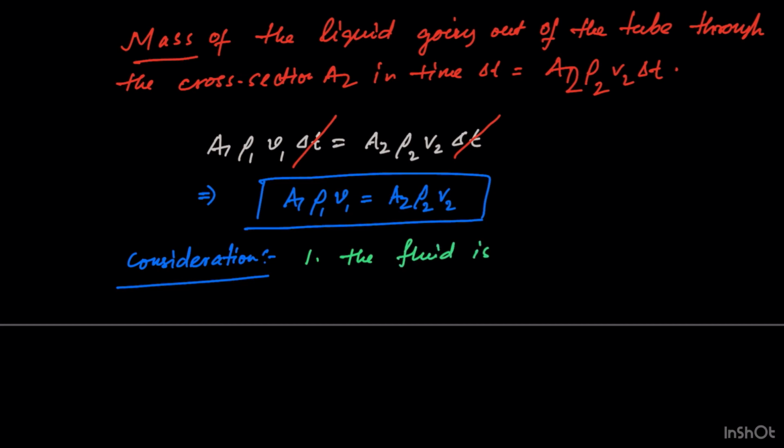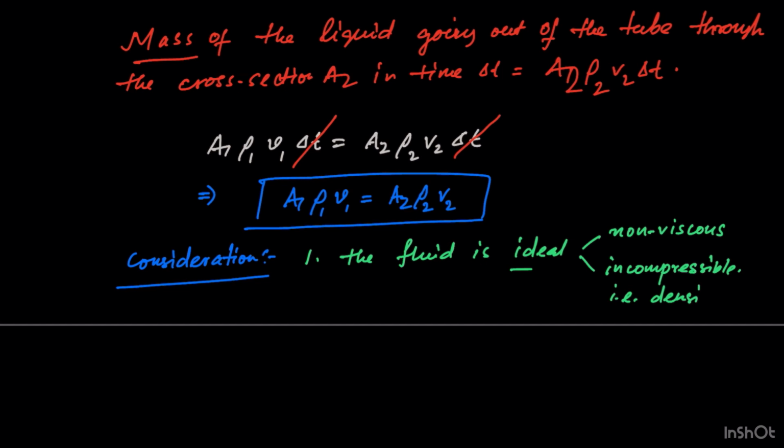Ideal means two properties: one is non-viscous, and the second is incompressible. Incompressible means the density is constant.